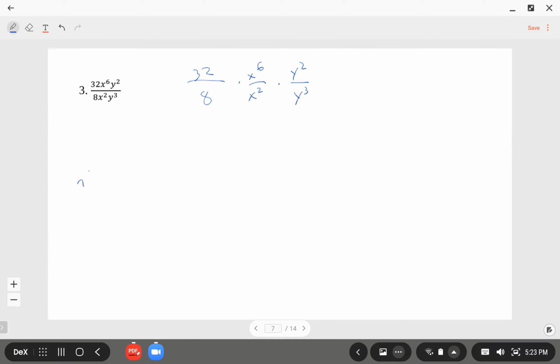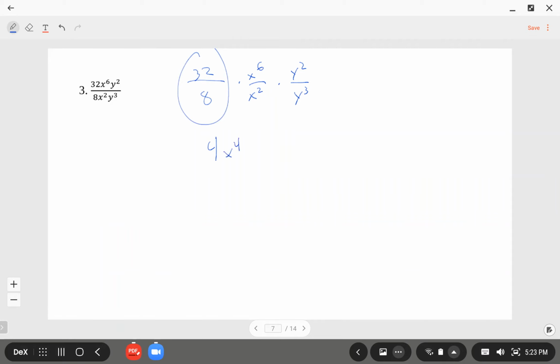So n to the a power over n to the b power. What do you do when you divide them? You subtract: n to the a minus b power. That is what this is. So when you have the same base like this, this is already 4. You don't even need to think about that. And then x to the 6th divided by x squared, what's that going to be? X to the 4th power.